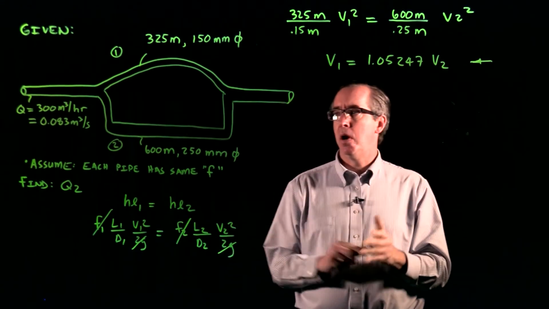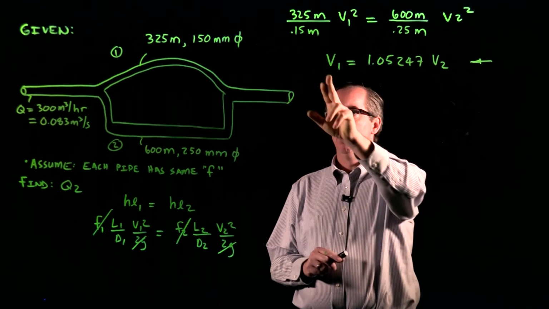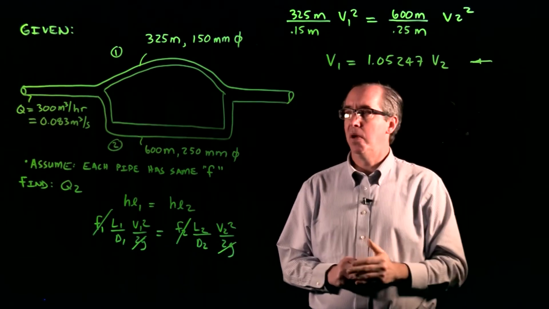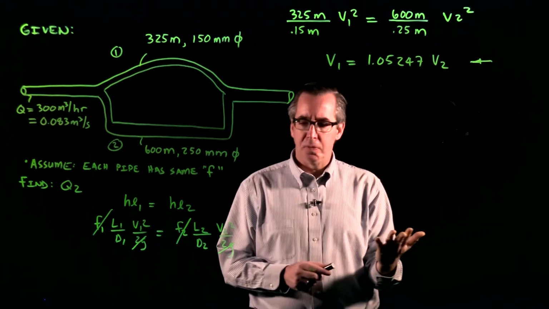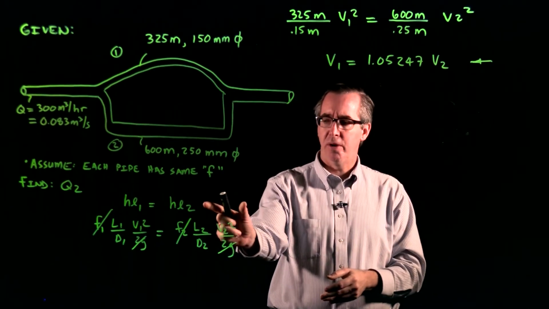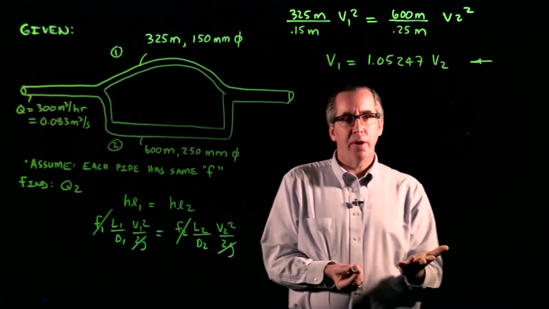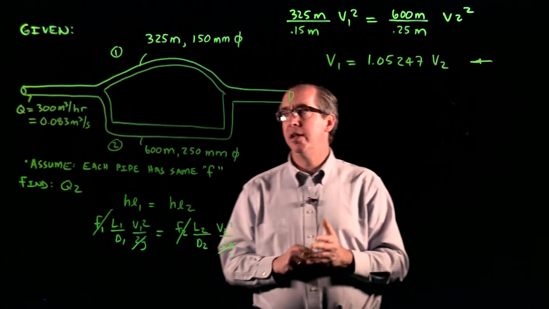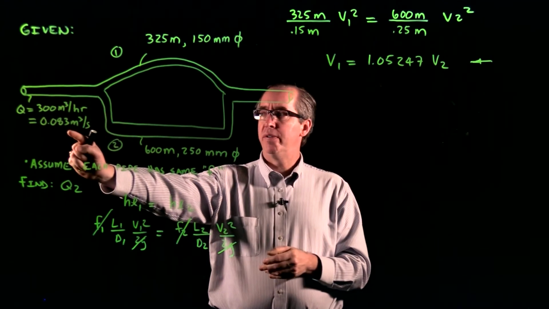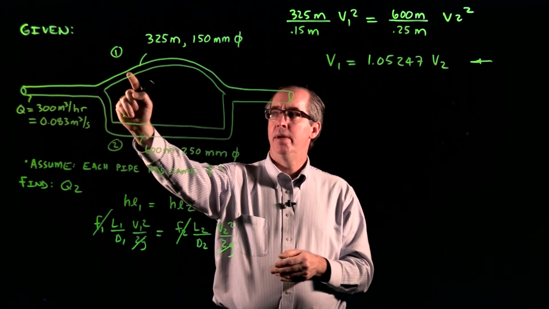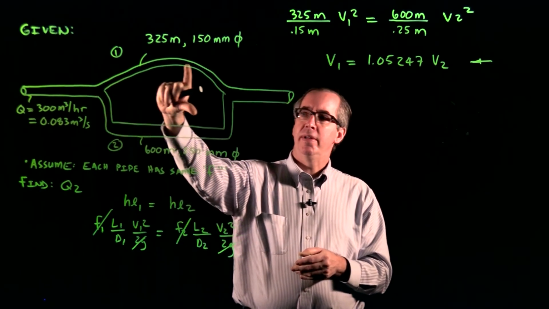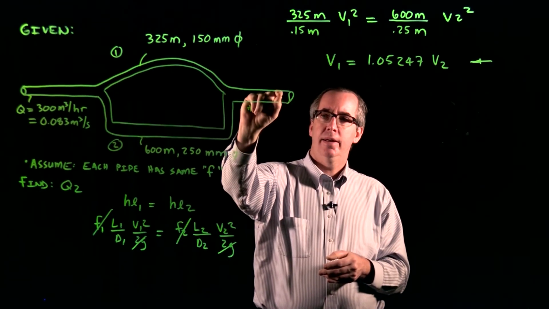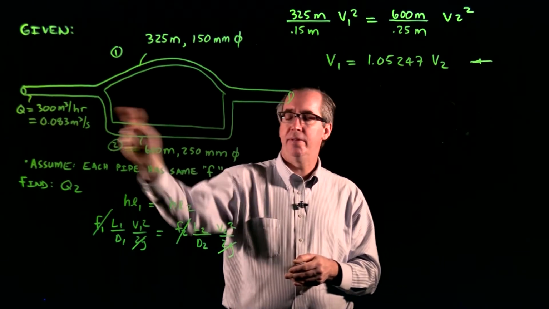Now we have two unknowns. We don't know what velocity 1 is, and we don't know velocity 2. So we're going to need two equations. This was our first equation in our toolbox. The second one available to me is the knowledge that the flow of 0.083 has to split up into two separate flows, and then they join back at 0.083.